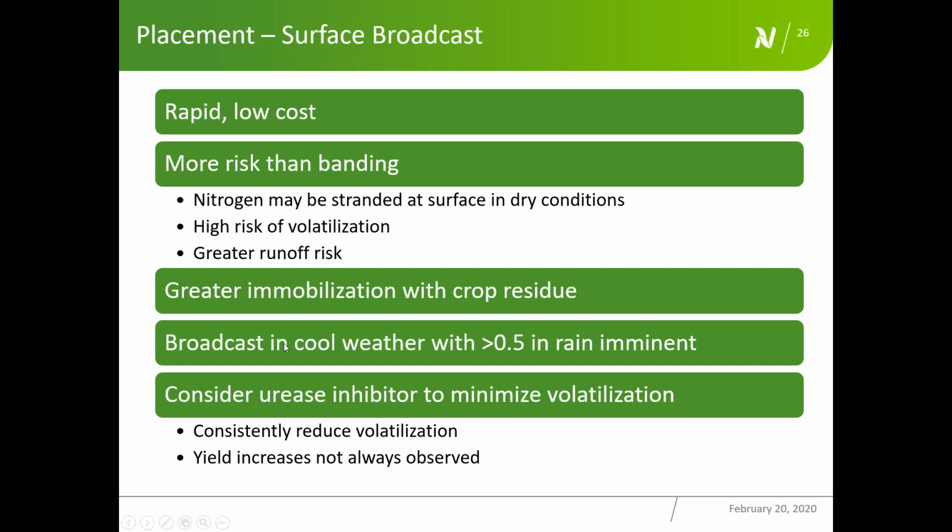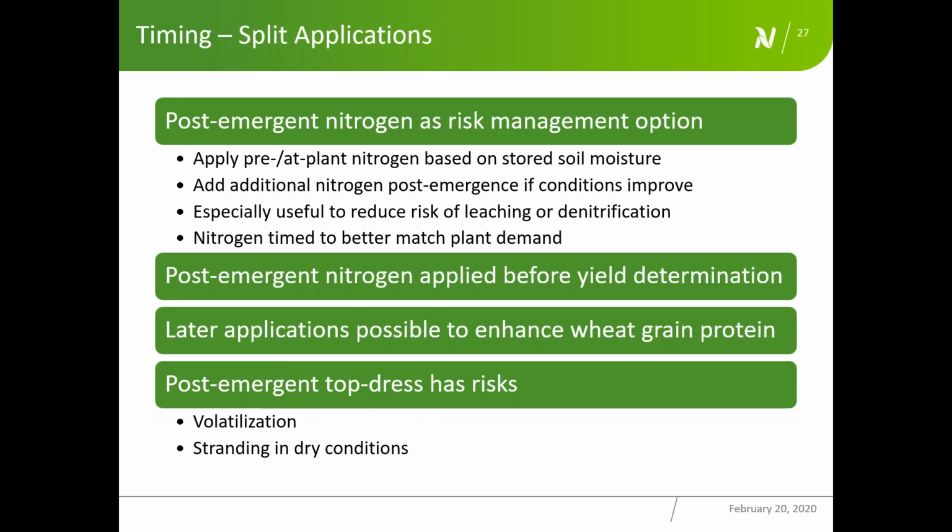We talked about broadcasting when rain is imminent to reduce the potential for volatilization and to consider urease inhibitors. So if we're going to be surface placing the fertilizer, we need to recognize some of these risks, but consider the advantages as well. And we'll talk a little bit about split applications, and then we'll summarize all of this and give you time for questions.